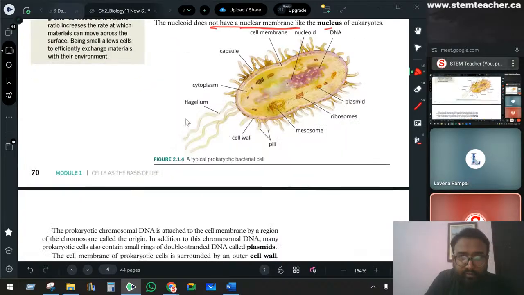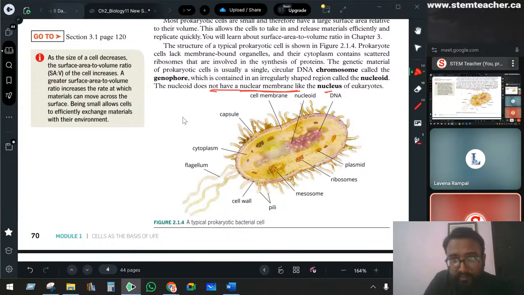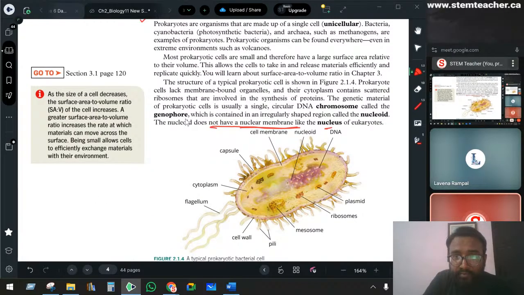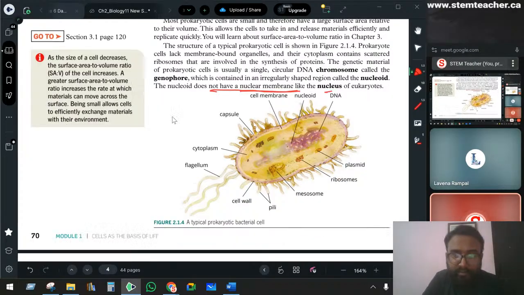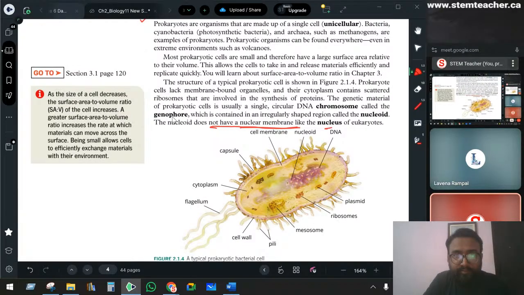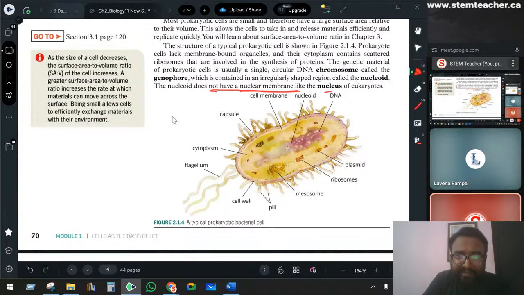So this is prokaryotic without cell membrane, and without cell wall, without nucleus membrane. Okay, so it is a basic prokaryotic bacteria cell. So it is bacteria.